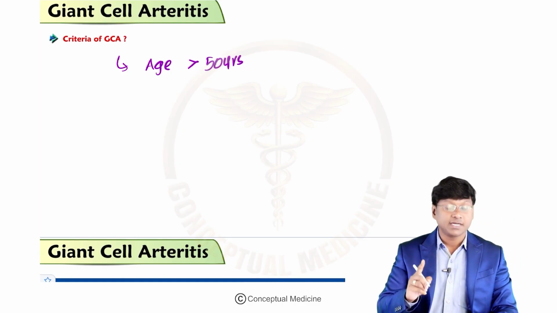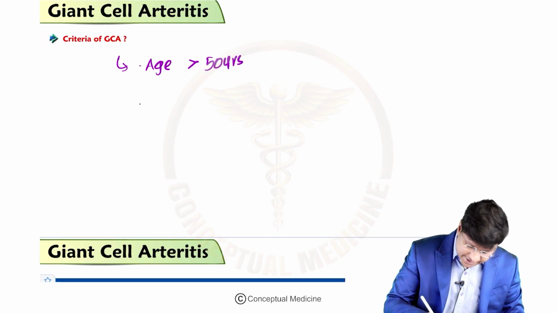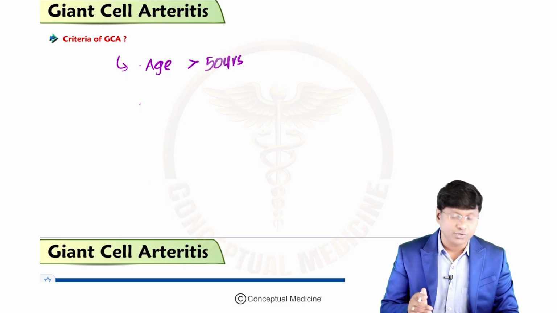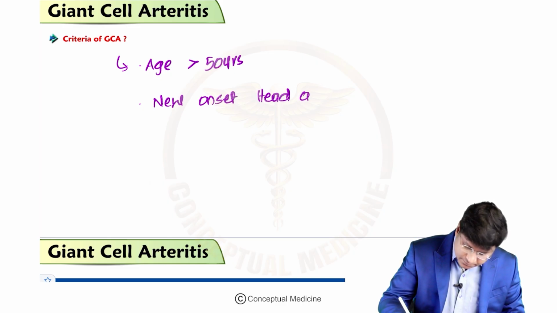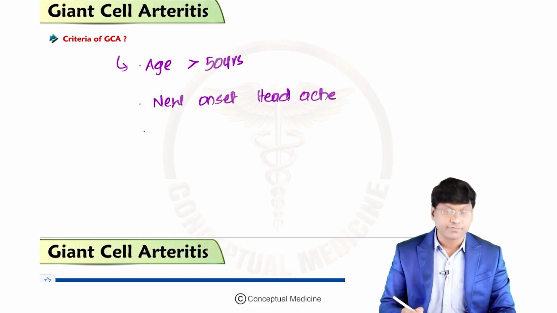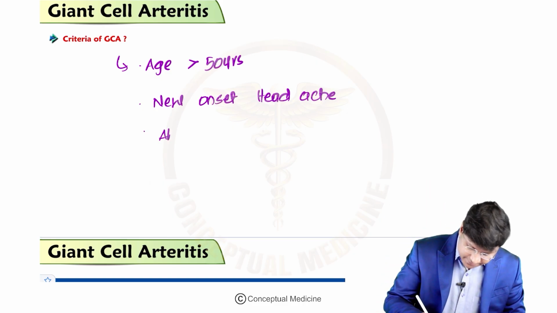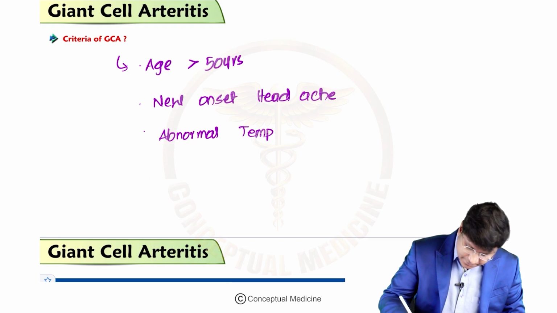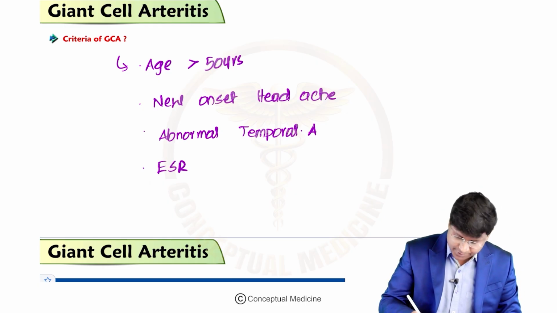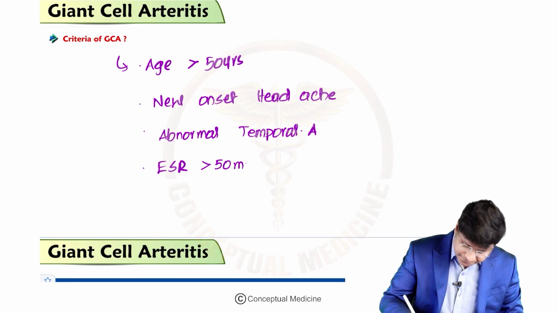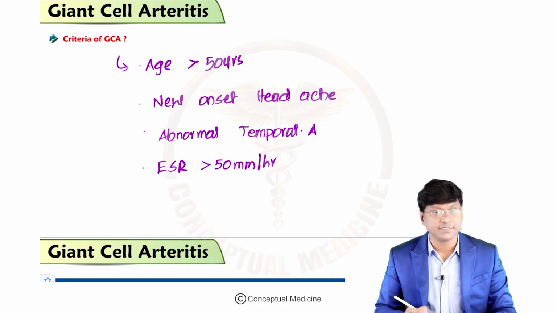And the clinical feature in these patients with giant cell arteritis is the development of new onset headache, and there should be abnormal temporal artery, and the ESR of the individual is more than 50 millimeters per hour.